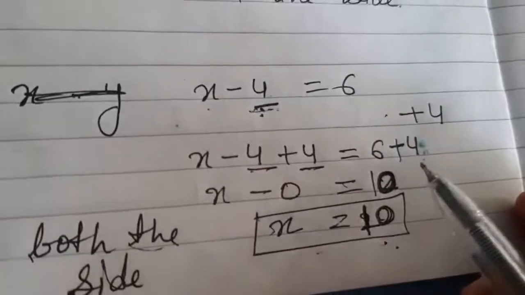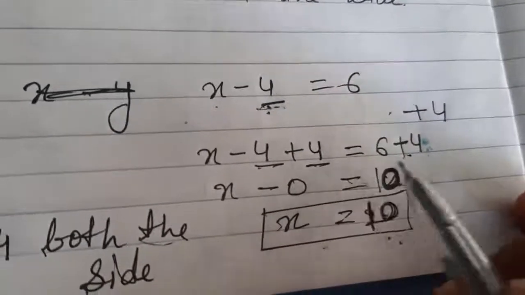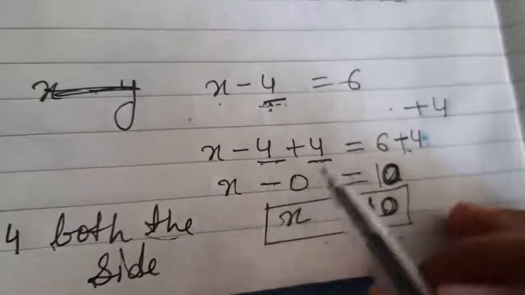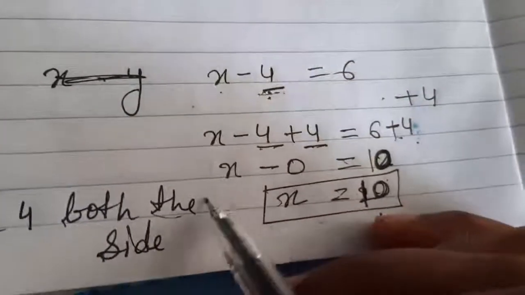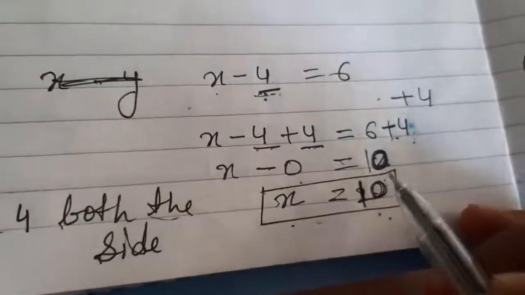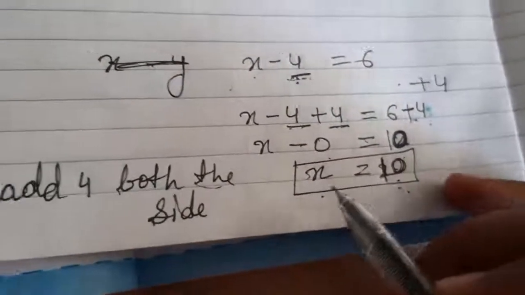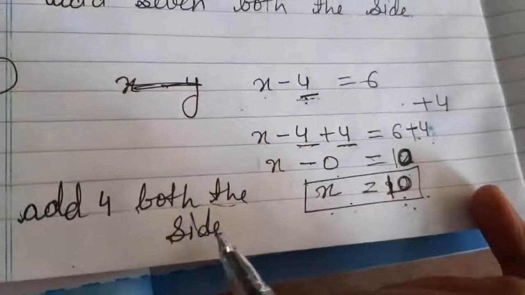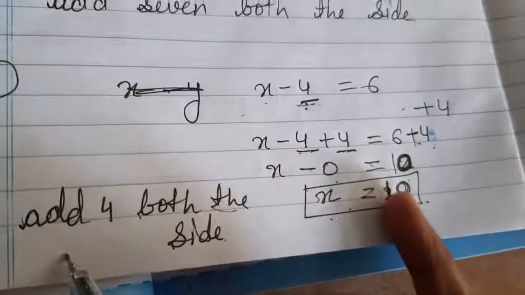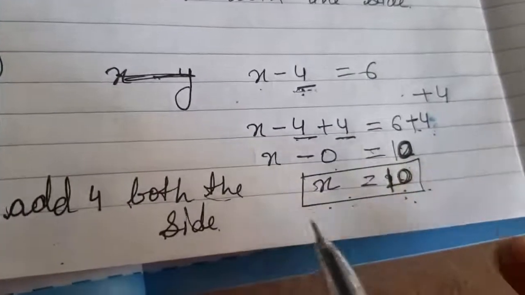After adding plus 4 here, you can add plus 4 here also. So minus 4 plus 4 becomes 0, and 6 plus 4 is your 10. And x minus 0 means x equal to 10. So x value is your 10, and what step are you taking to separate your variable? Add 4 on both sides.